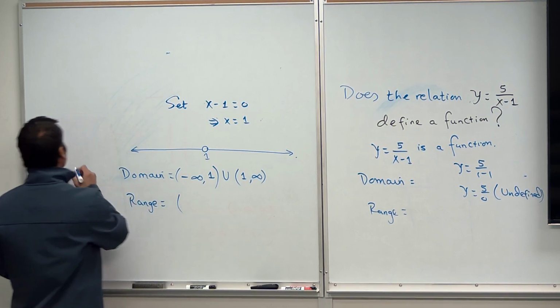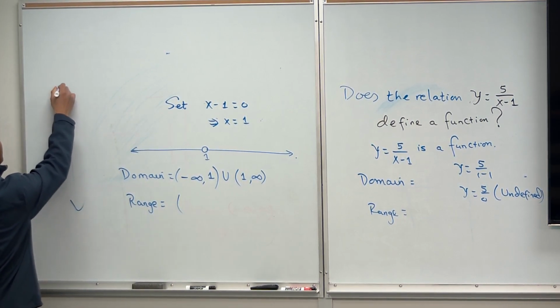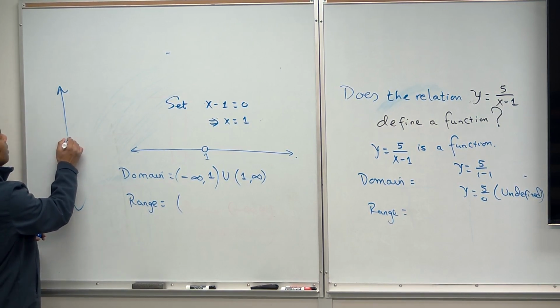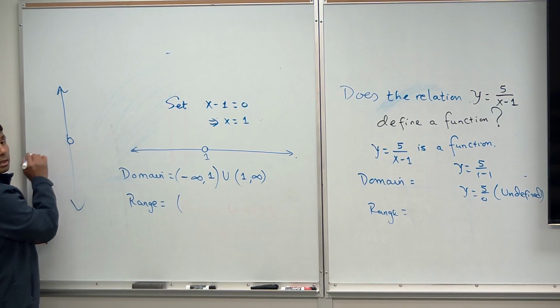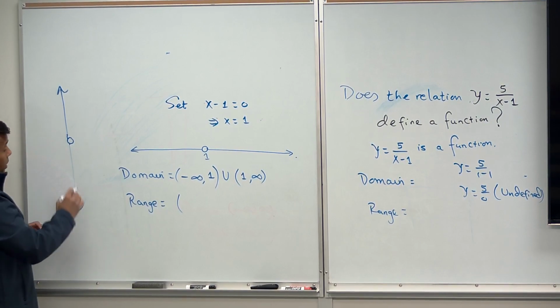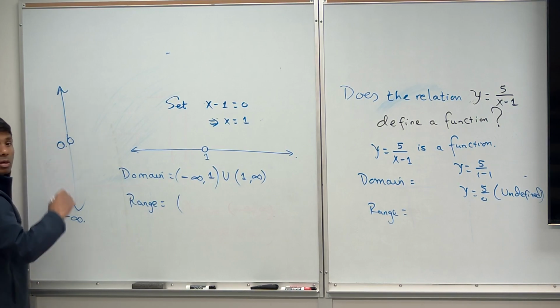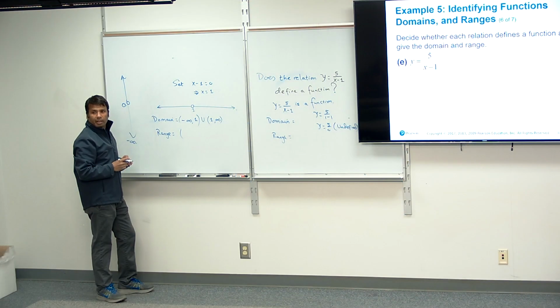So you see what I'm talking about, right? Because your y value, it can be every number, but except 0. You know what I mean? So you have a 0 here. Are you guys with me? So it goes negative infinity all the way up to 0, union 0 to positive infinity. That makes sense?